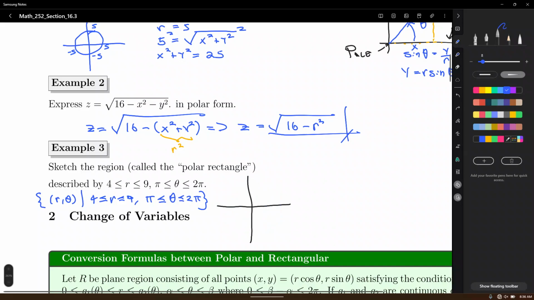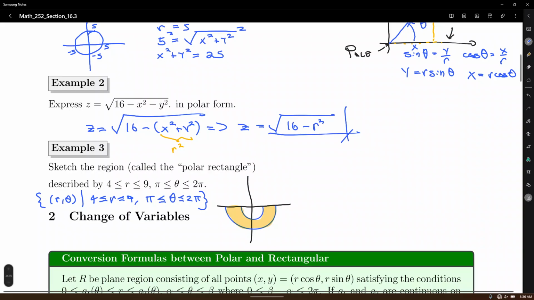So let me get rid of this, and let me do this. All right? So that's just going to be half of the donut here. And let's shade the region right here. Okay. So that's how we go about describing the region.